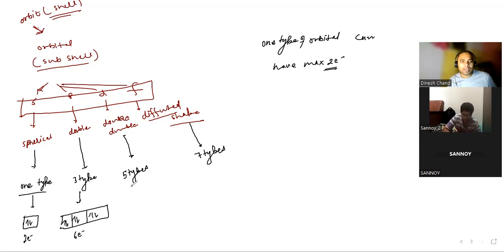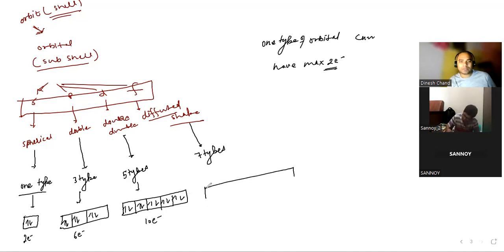Now, the d orbital. How many maximum electrons? D orbital is 10 electrons. You know very well that firstly the plus half spin gets filled, 5 electrons, and then the remaining minus half spin, and in total it becomes 10 electrons.